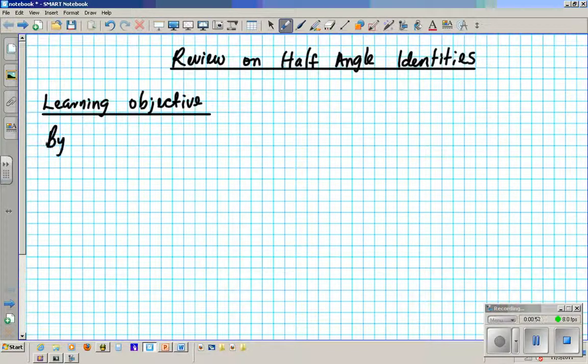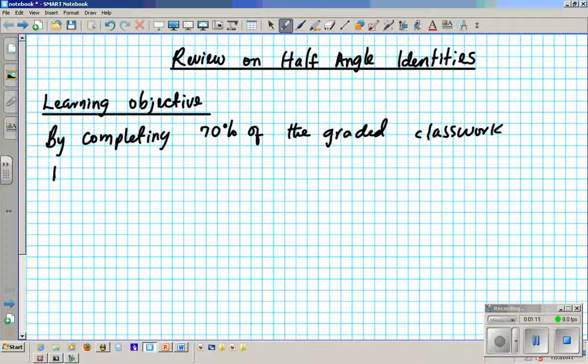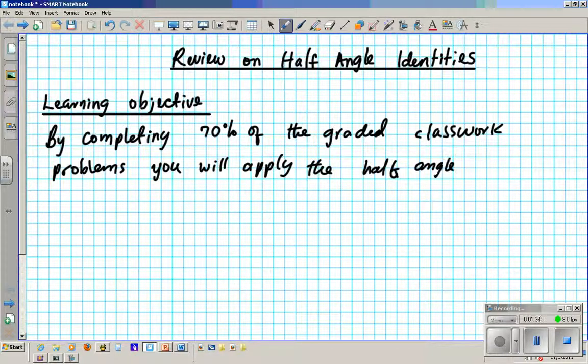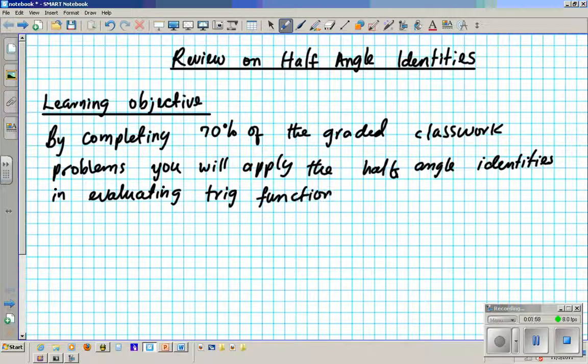By completing 70% of the graded classwork problems, you will apply the half angle identities in evaluating trig functions. Okay, so that's the learning objective for today.